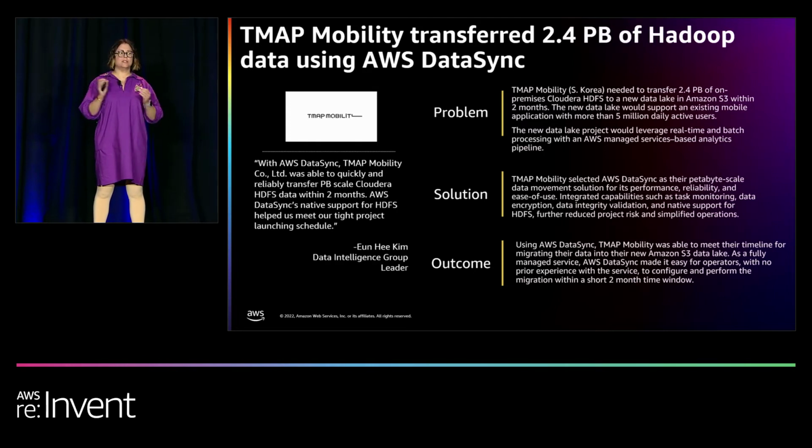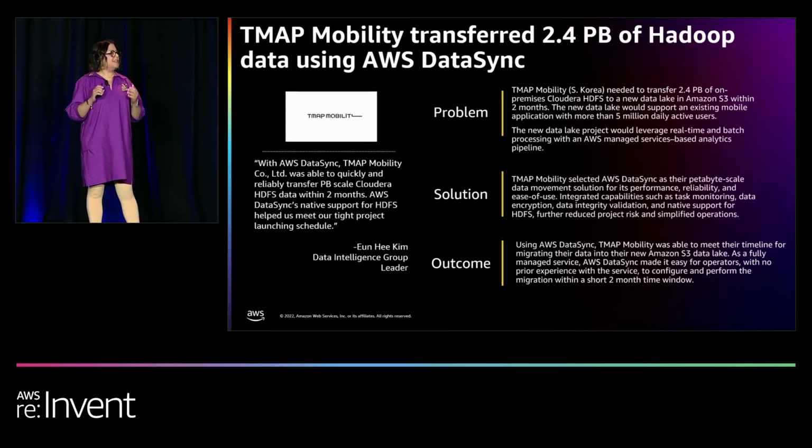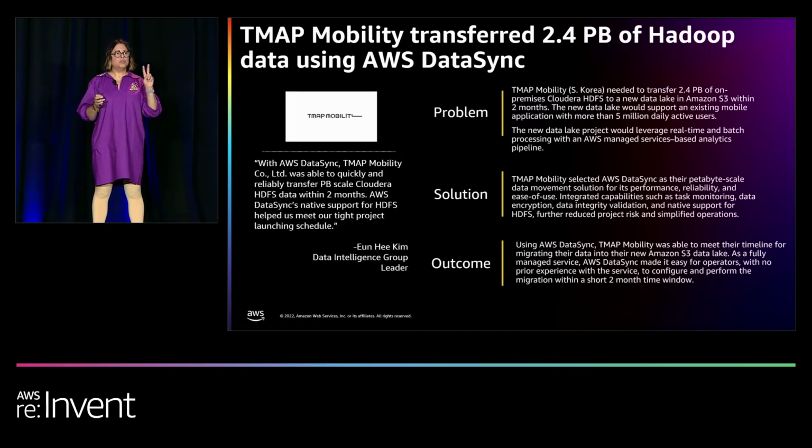from on-premises to AWS. And they needed to move 2.4 petabytes of data in only 2 months. So it was a very tight deadline. Their data intelligence group started thinking about how to move their data, and they explored both online and offline migration strategies.